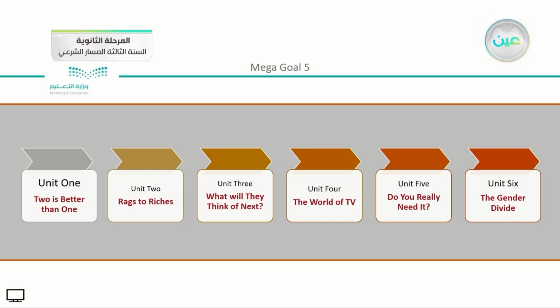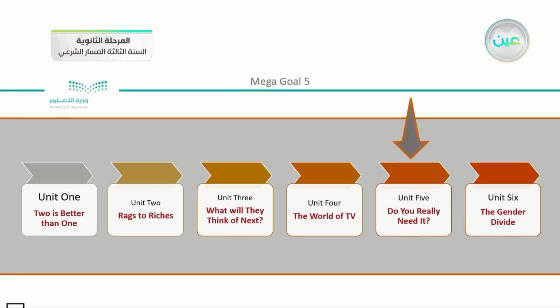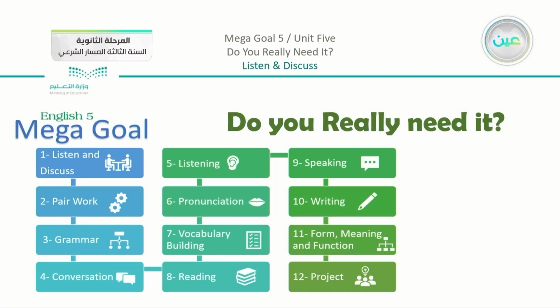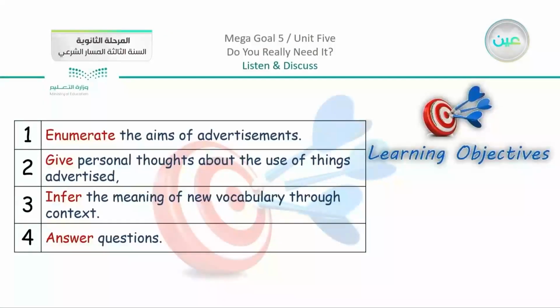And we are going to start with our Unit 5, which is here, do you really need it? So starting with Unit 5, do you really need it? We have the first lesson, which is the listen and discuss lesson. Now, as we are used to always, we are going to start by seeing our objectives.